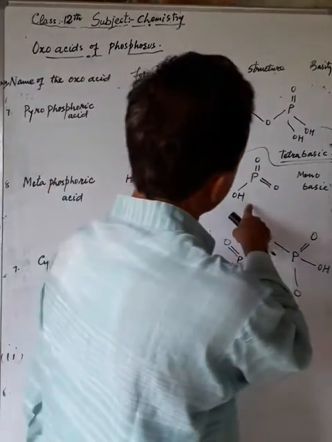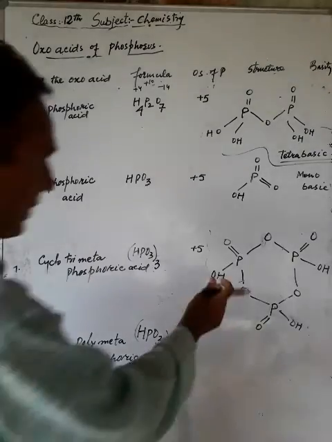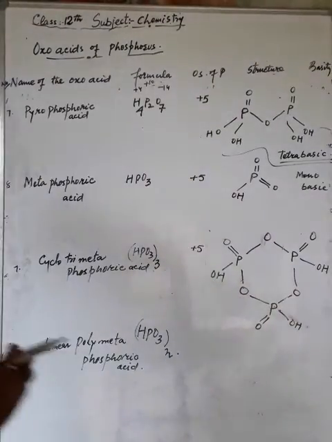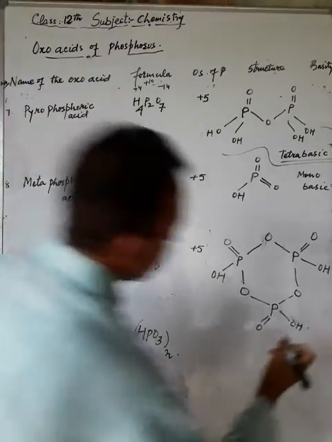In the metaphosphoric acid it is monobasic, so in this it is tribasic. So here its basicity is 3.